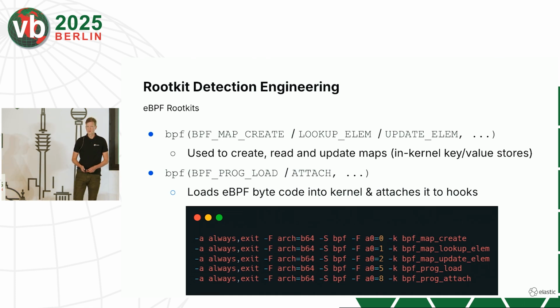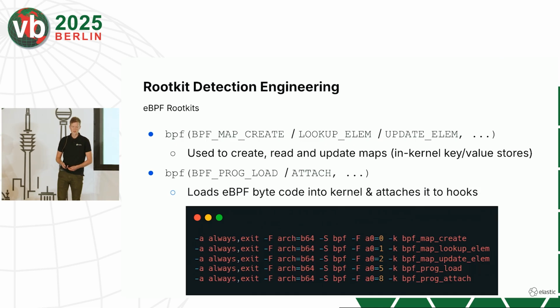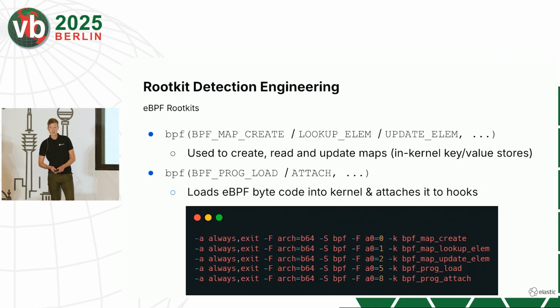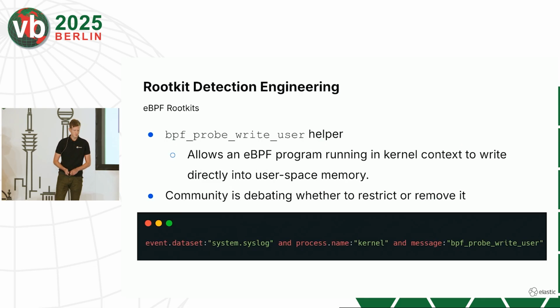So if you create an auditd configuration like the one at the bottom and try to find these specific syscalls, then if you tune out all of the programs that use these in a benign manner, because these are also used by normal tools, you will be able to create a baseline behavior and detect the anomalies.